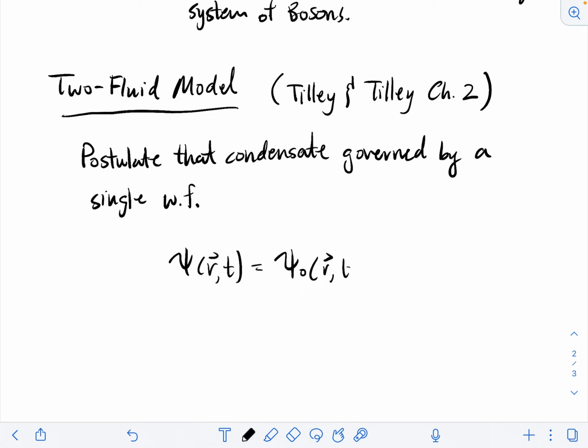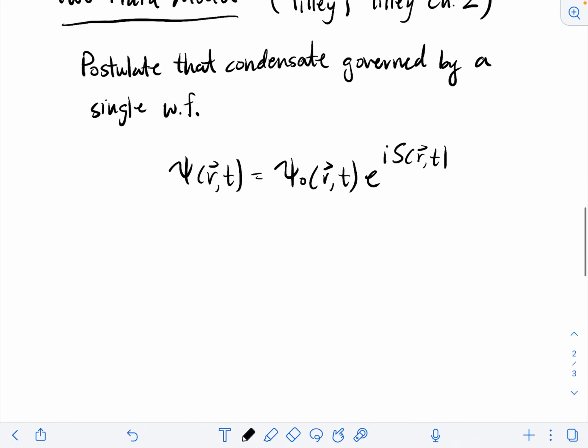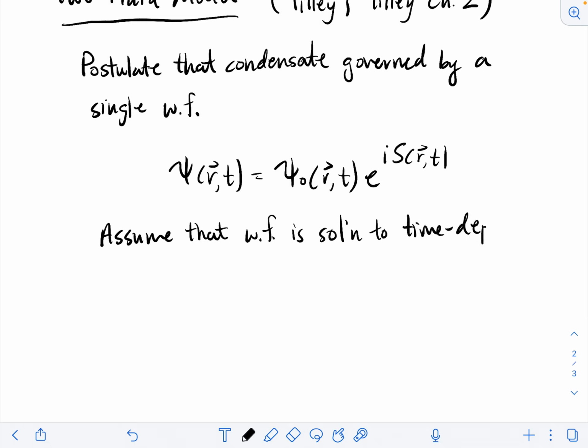This time we'll let the amplitude possibly depend on position. And then it has an e to the is, where s is this phase factor. We'll assume that the wave function is a solution to the time-dependent Schrodinger equation.